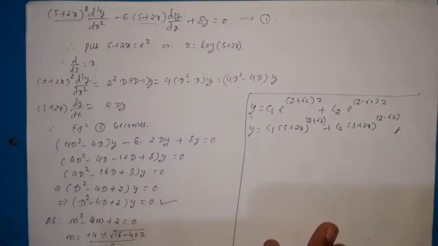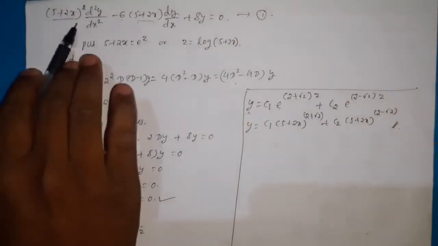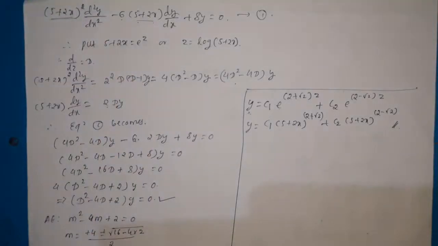Here just substitute a + bx = e^z, that is the main thing. Then go on substituting corresponding to the terms in the given differential equation. If it is (a + bx)² d²y/dx², that is equal to b² D(D − 1). If it is d³y/dx³, then that will become b³ D(D − 1)(D − 2) and so on.